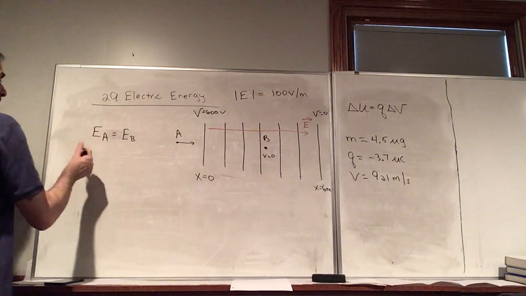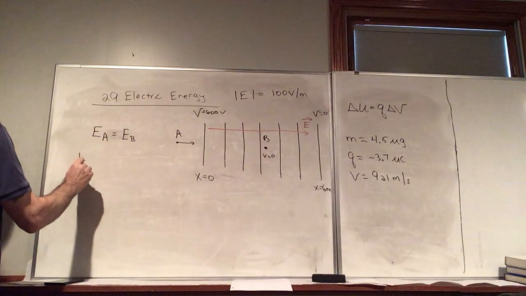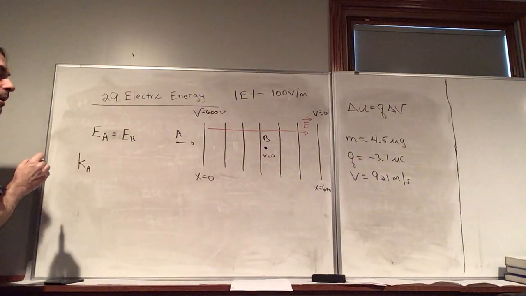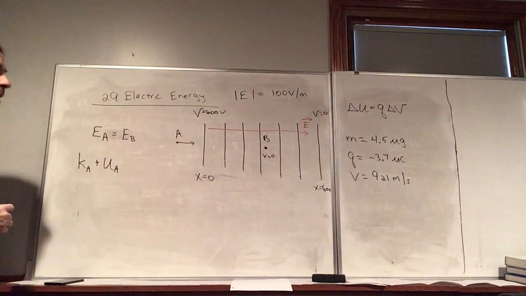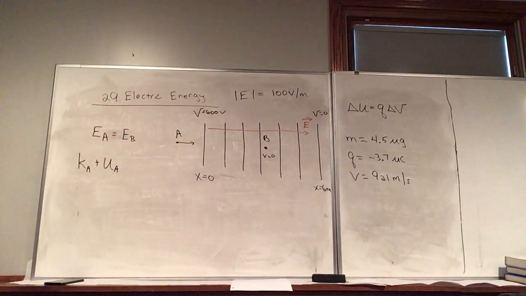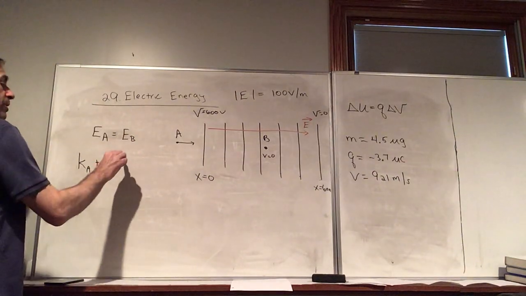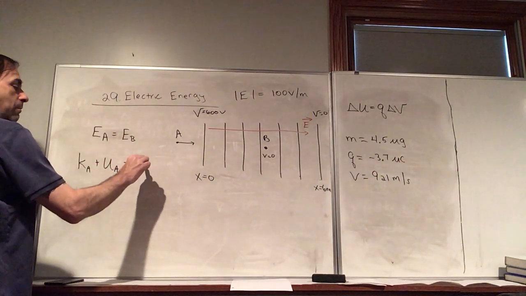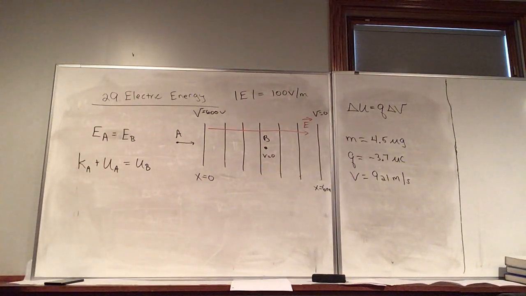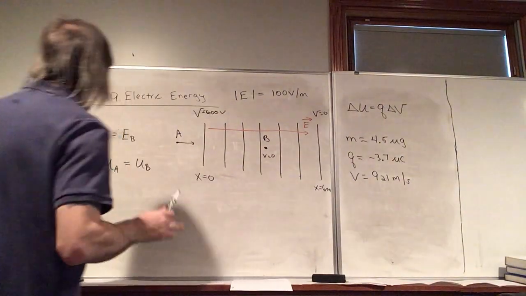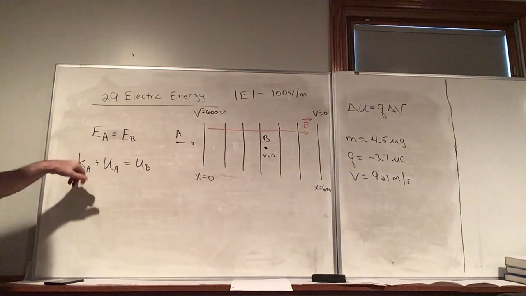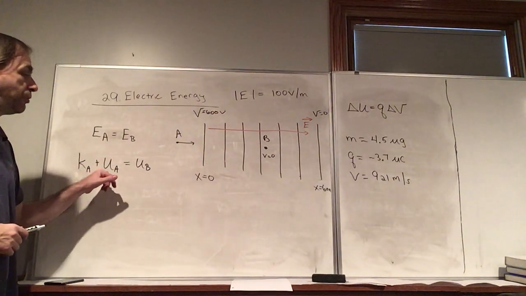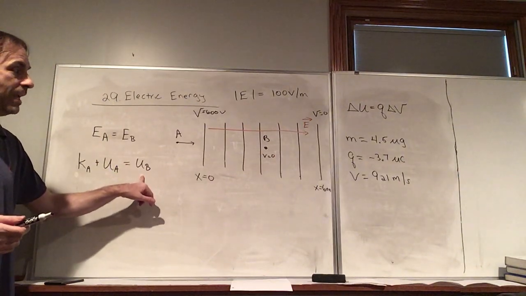So at A we have kinetic energy, and let's say the potential energy at A. Now, at point B, we're assuming that it came to rest, so there's no kinetic energy at point B. So this is it for conservation of energy. We have kinetic energy at A, potential energy at A, and potential energy at B.